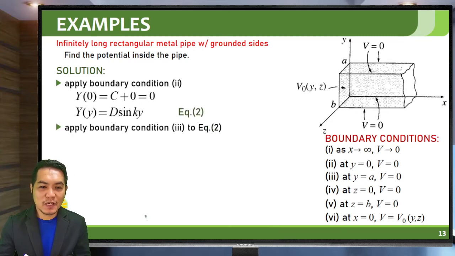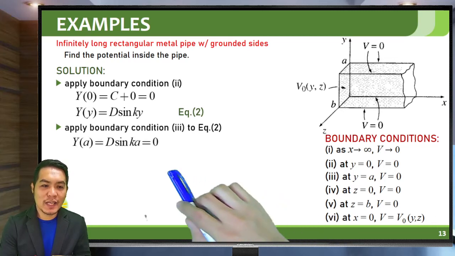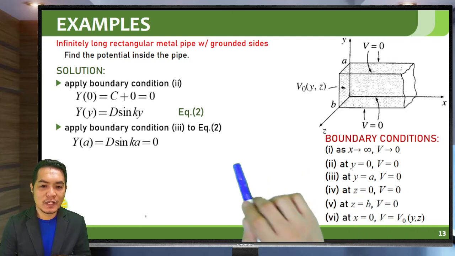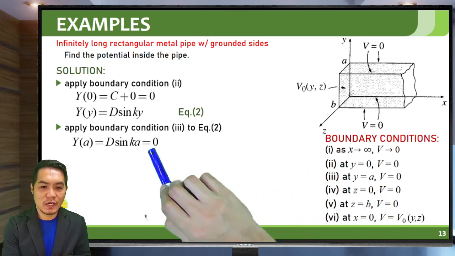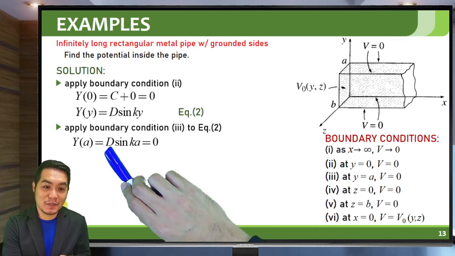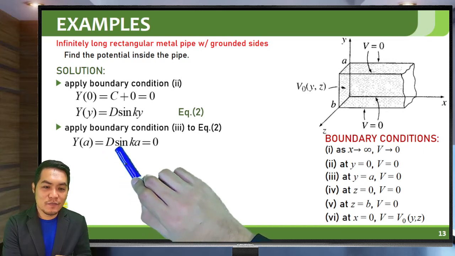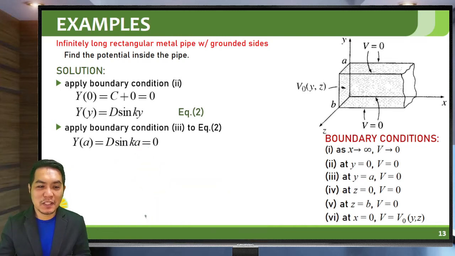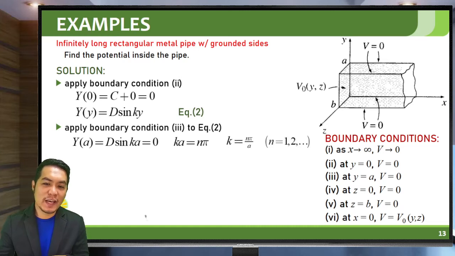So we apply boundary condition 3 to solve for the value of k. At y equal to a, this is boundary condition 3, the potential must be equal to 0. Again, D must not be equal to 0, and so this means that sine ka must be equal to 0. Similar to what we did in the previous example, ka must be a multiple of pi, so k must be n pi over a, where n starts from 1.